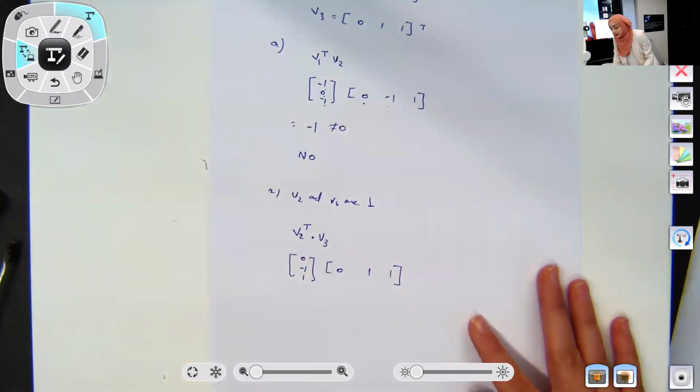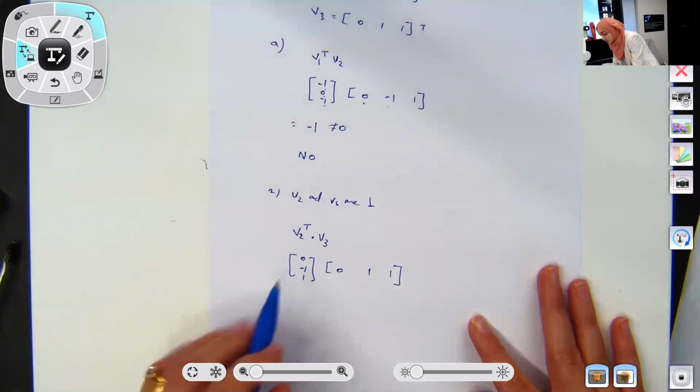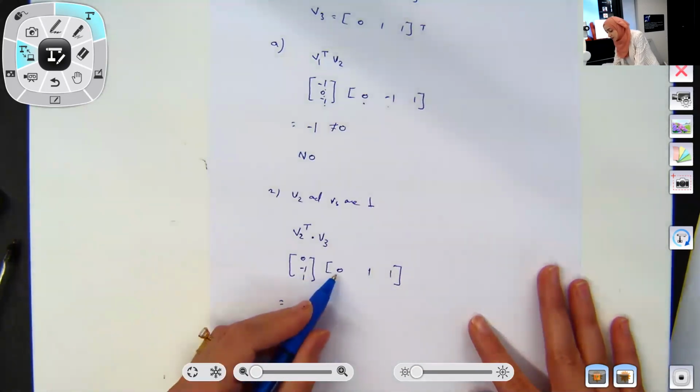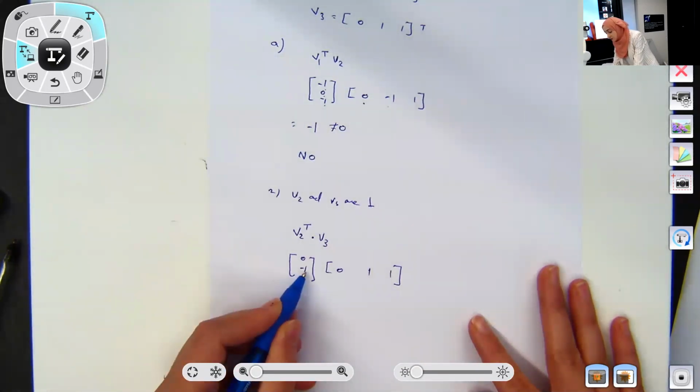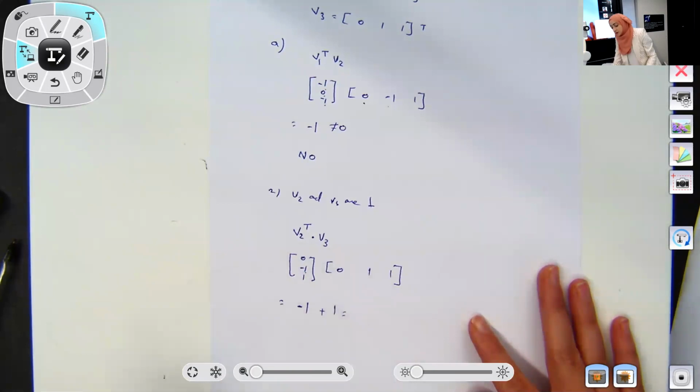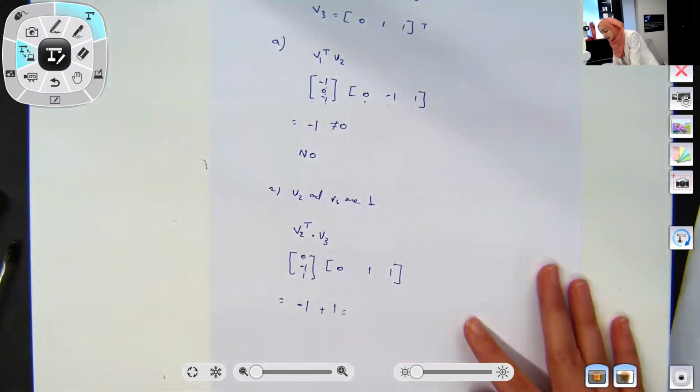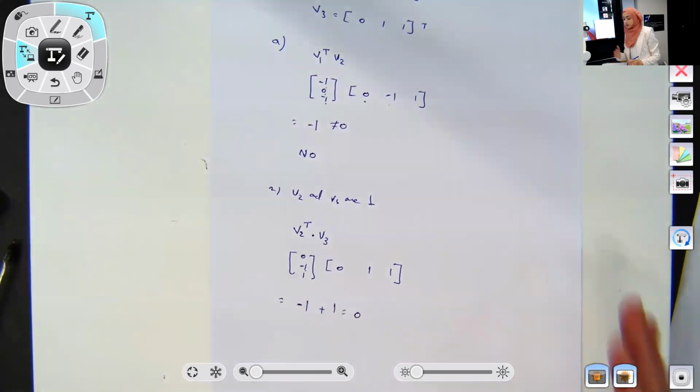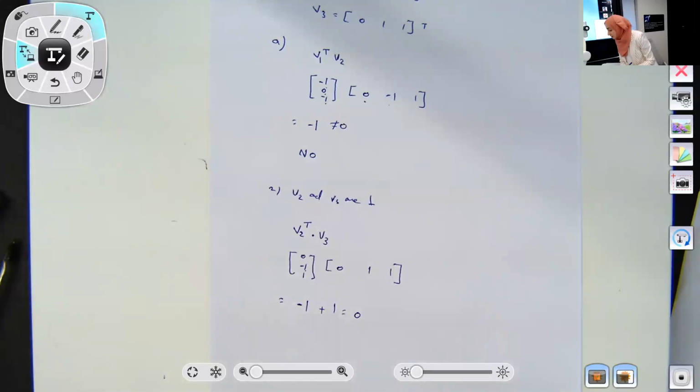You will get 0 times 0 is 0, -1 times 1 is -1, plus 1 times 1 equals 1. So -1 plus 1 equals 0. So v2 and v3 are orthogonal. Why? Because the answer is 0.